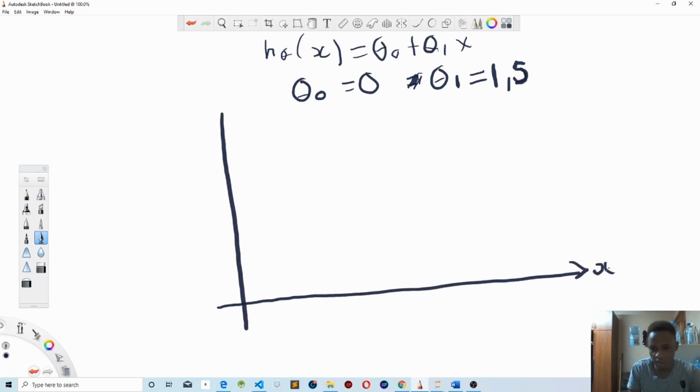So let's then draw this. This is x, which takes in the values of x, and the y-axis is going to take in the value of h theta of x. Let's put in the values on the axis.